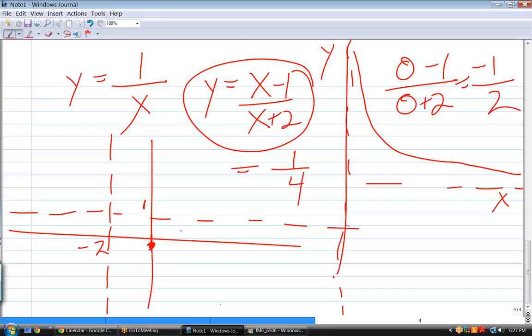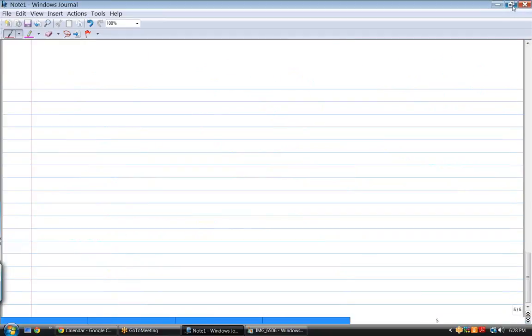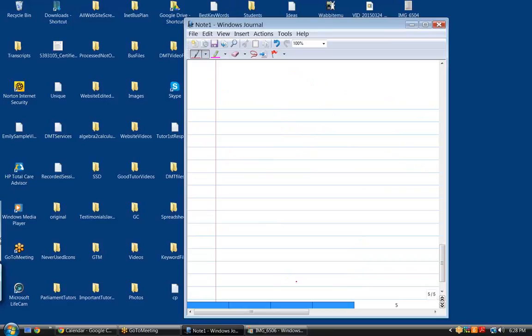Well, if I go down to my graph, 2 is way out here. 1/4 is right there. That puts me in second and fourth. In other words, that tells me I'm in the fourth quadrant, which means the other piece of this has to be in the second quadrant. So you can't always tell. Sometimes you have to test a point.